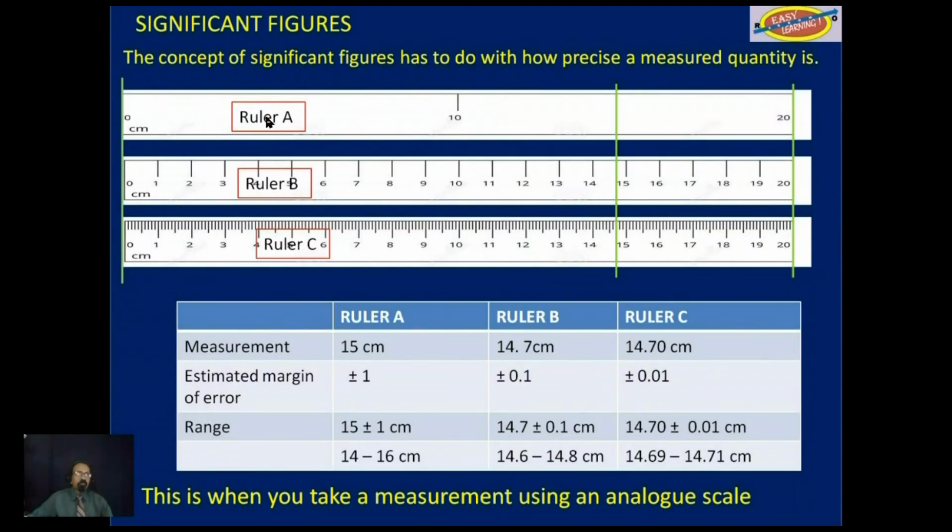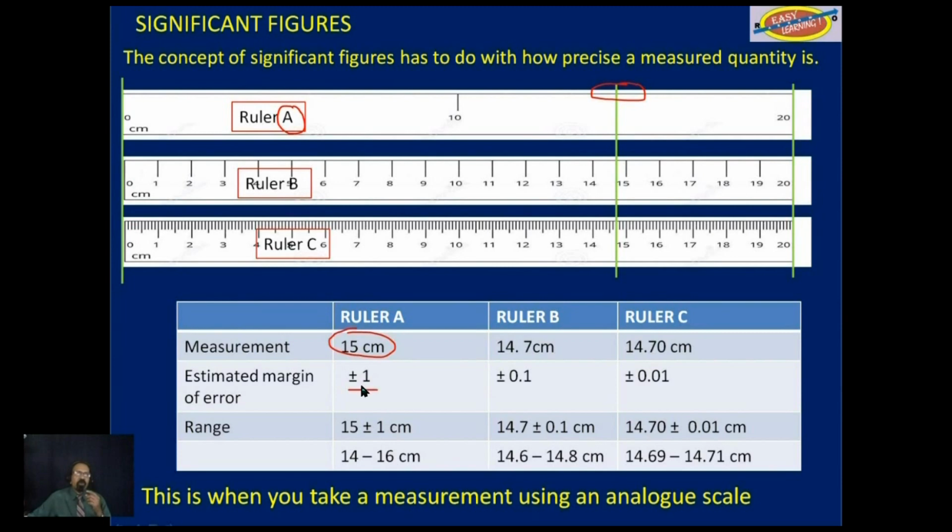Let's review that again. On ruler A, if we say 15 centimeters, that's here, we have an uncertainty of 1 centimeter, and you decide that if you are using an analog scale.